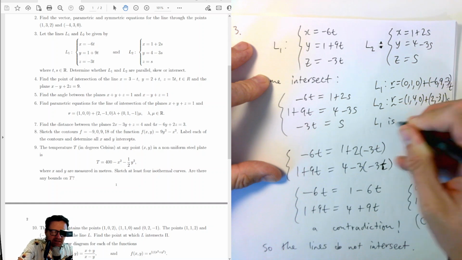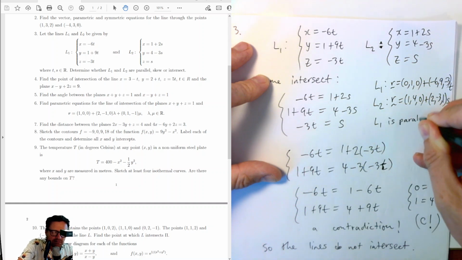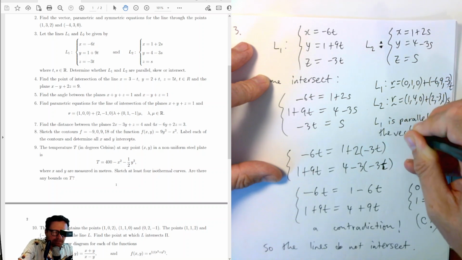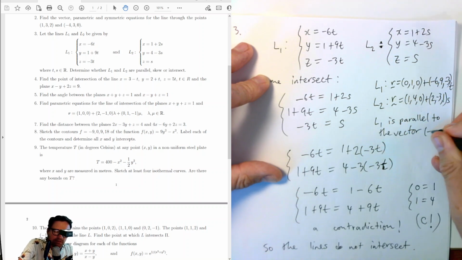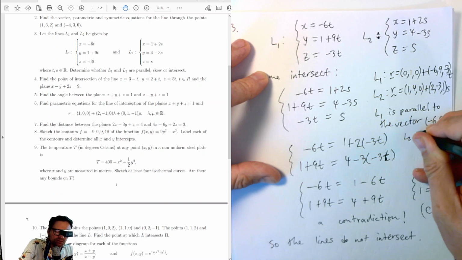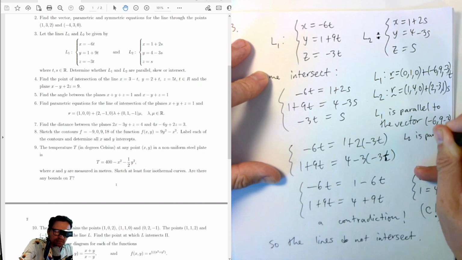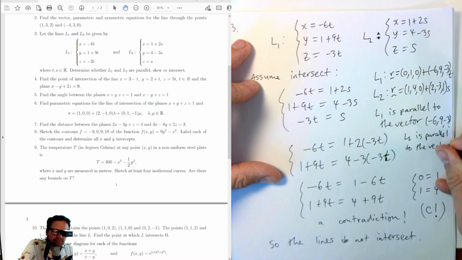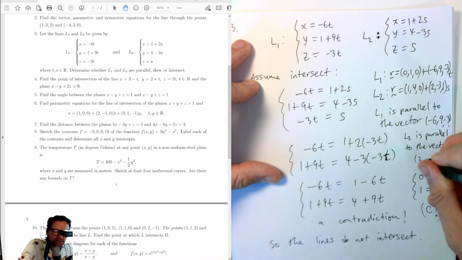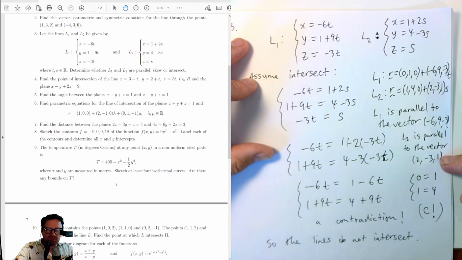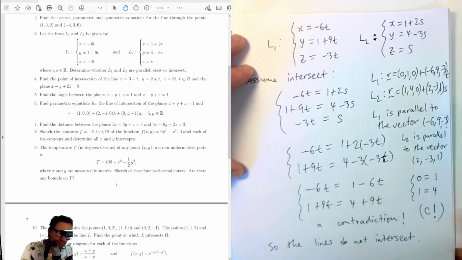So L1 is parallel to the vector (-6, 9, -3). L2 is parallel to the vector (2, -3, 1), but these 2 are multiples of one another.